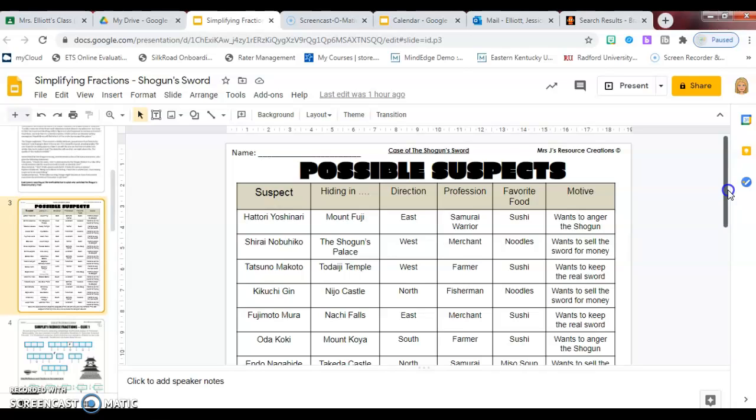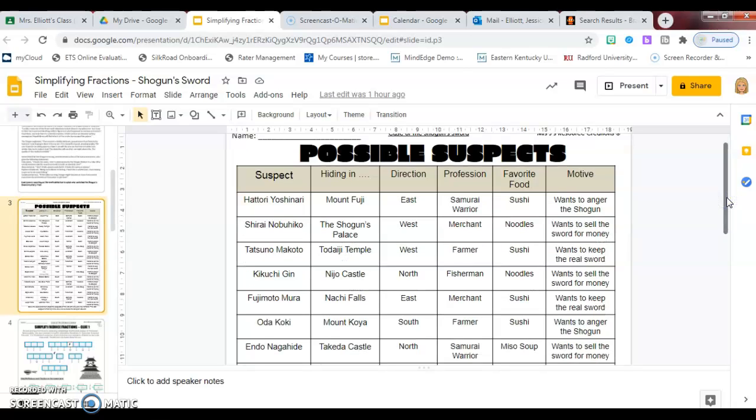Solve the mystery. So you have 6 columns here. You have the suspect, you have where they're hiding, you have which direction, you have what their profession is, you have their favorite food, and you have their motive. And a motive is like the reason they would do something, okay? So you're going to come back to this page often.